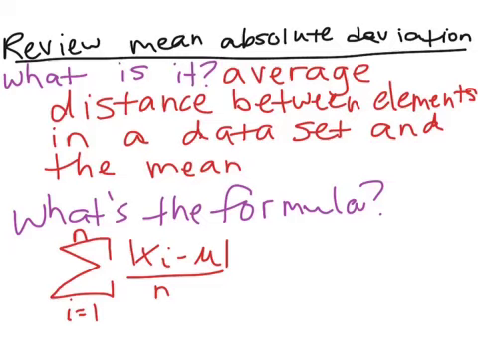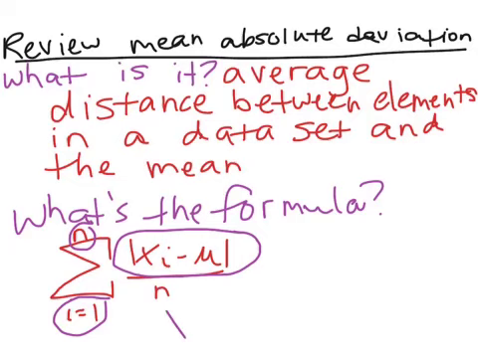The i equals 1 underneath means I'm starting from the first element, and the n at the top means I'm going all the way to the number of elements that there are. What I'm adding together is the absolute value of every single element minus the mean, adding them all together, and then dividing by the total number of elements, because we're talking about a mean, which is another way of saying average.